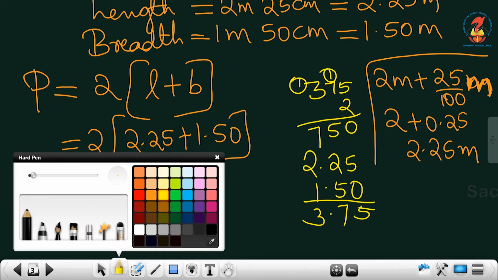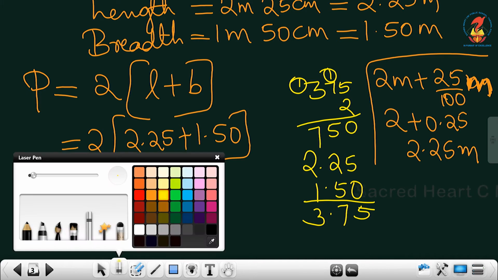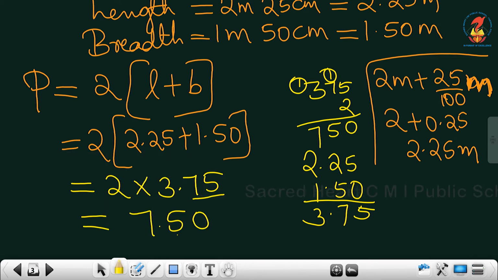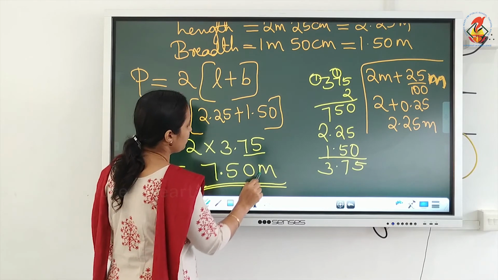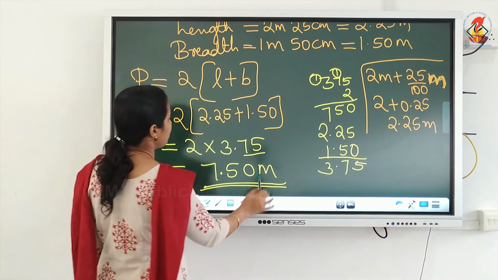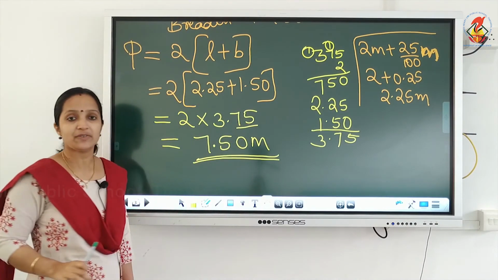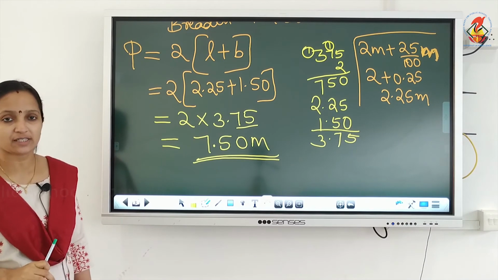First digit, second digit, then only you put the point. So the answer is 7.50 meter. I hope it's clear. What is the perimeter of that tabletop? 7.50 meter. I hope this answer is clear.